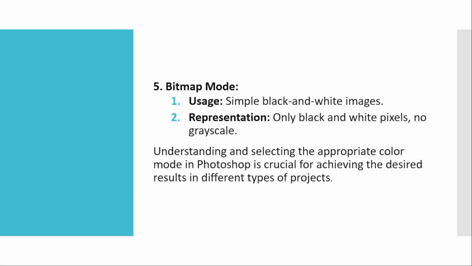Rasterized layer typically means if you have a raw file inside any of your design software and you want to turn it into an image of bits of pixels, you rasterize that particular shape, or you change it into bitmap mode. The usage there is simple black and white images, which always represent black and white pixels, without any grayscale.